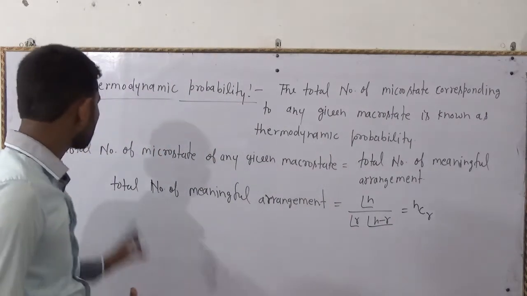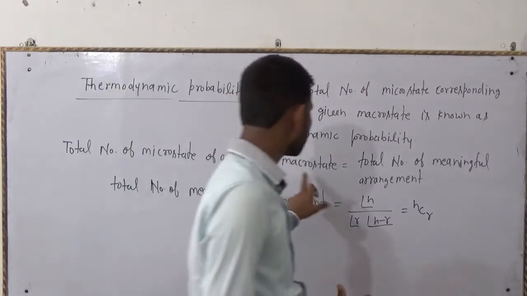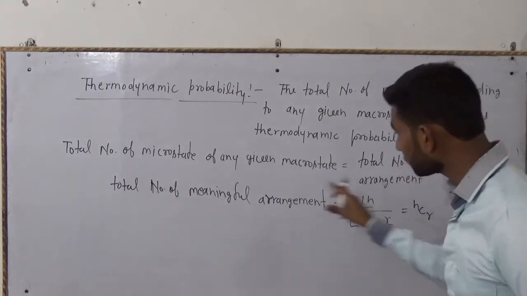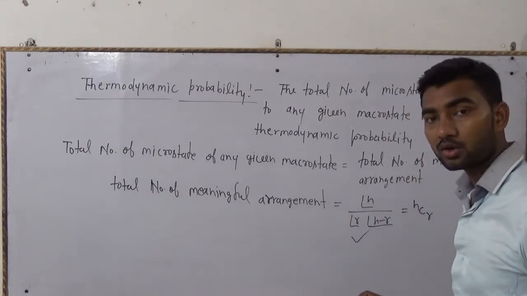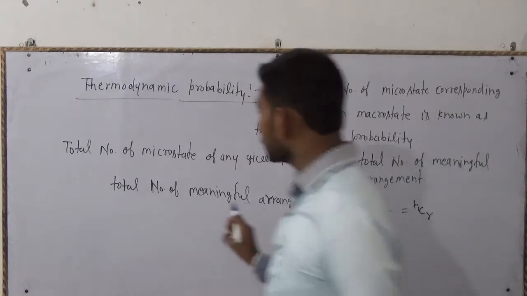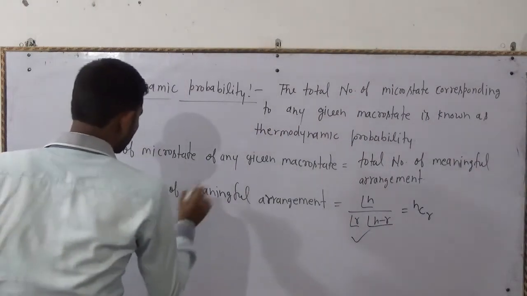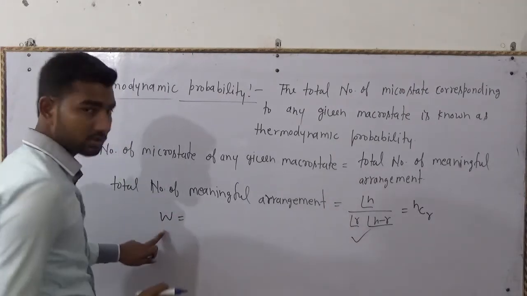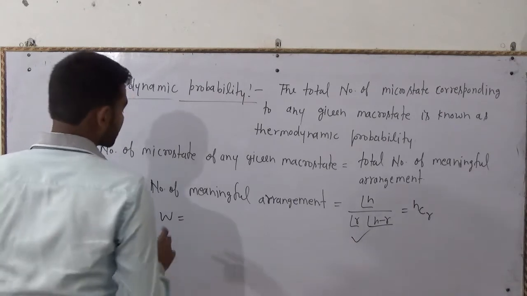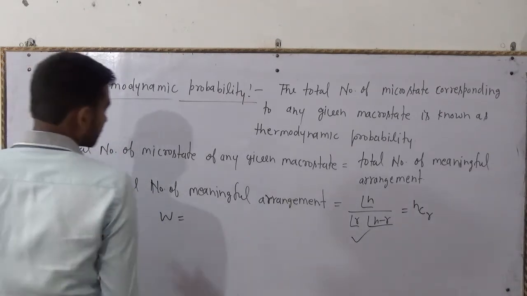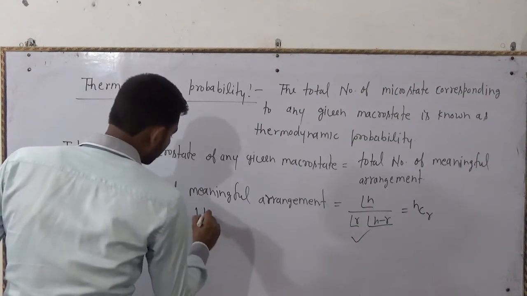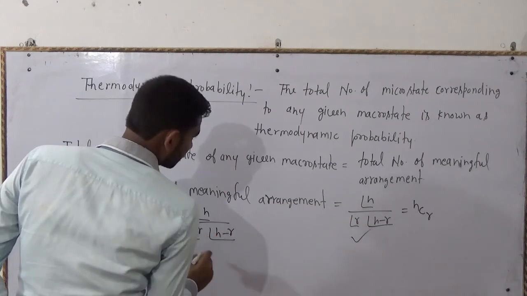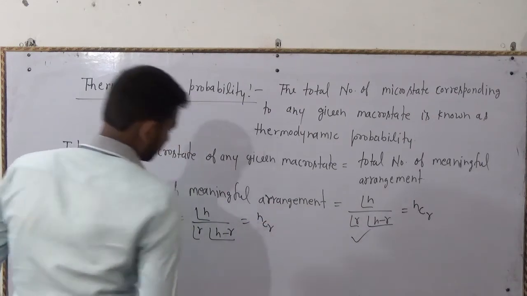As we have told you, the total number of microstates of any given macrostate is equal to the total number of meaningful arrangements, which we find by this formula. So we can write: the total number of microstates of any given macrostate is equal to thermodynamic probability, represented by the letter W, equal to factorial n upon factorial r into factorial n minus r, or nCr.